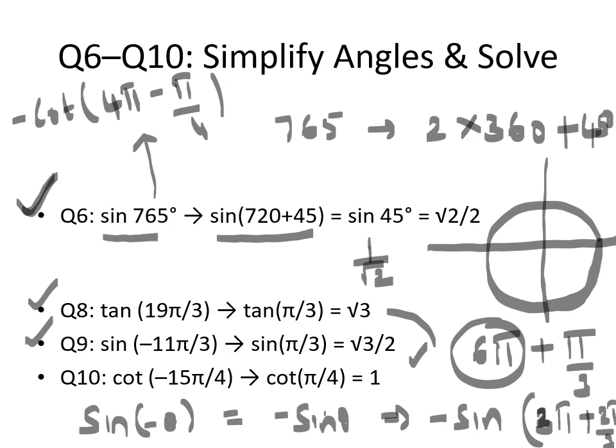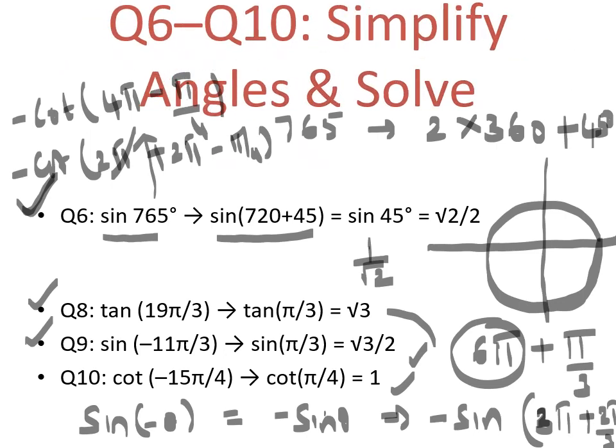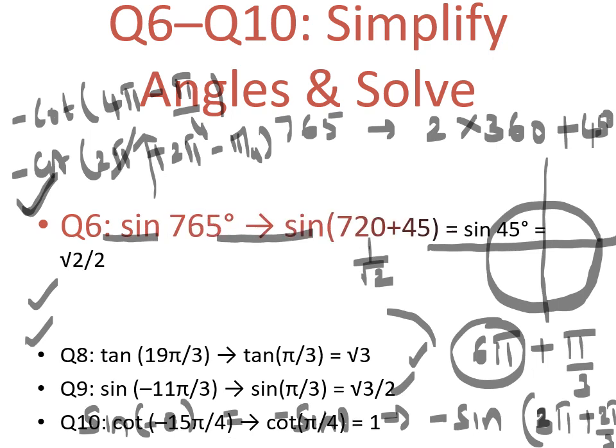Only 1 round is finished here. So minus cot of 2 pi minus pi by 4. I can discard this 2 pi, and cotangent of 2 pi minus means it comes under the fourth quadrant. So minus of minus gives positive 1.